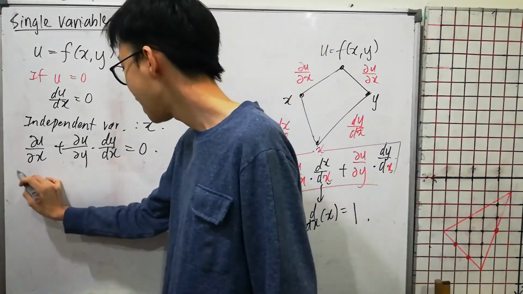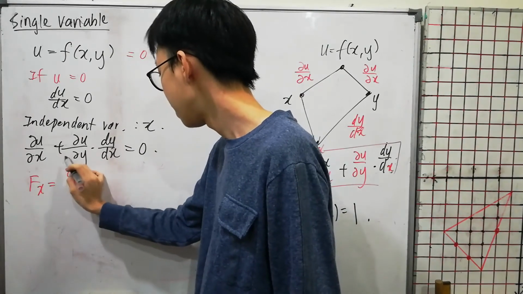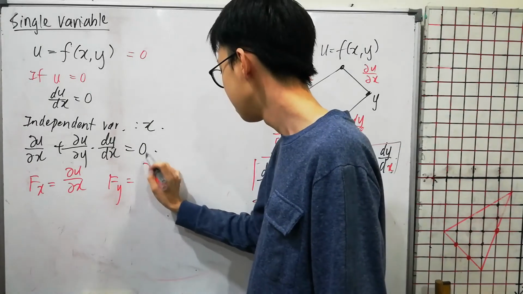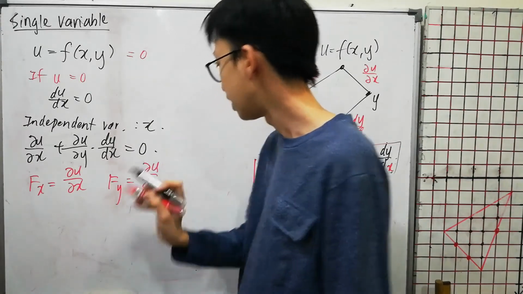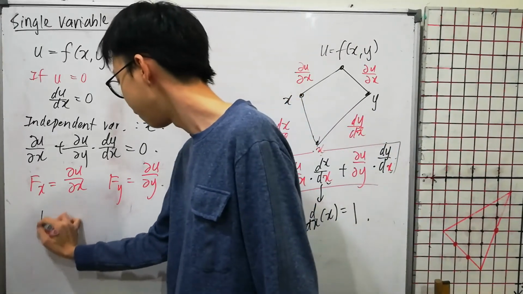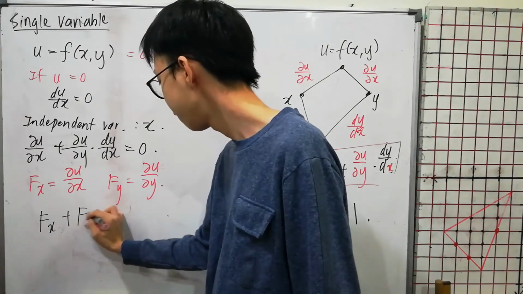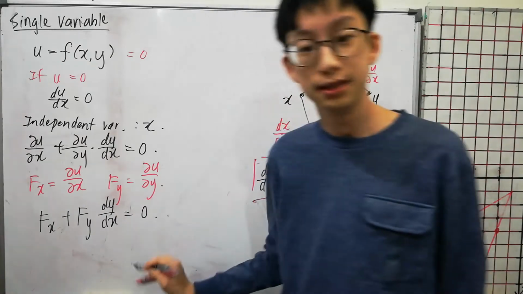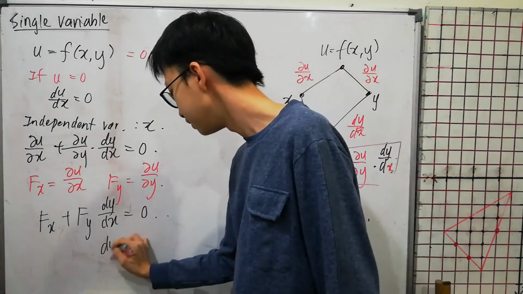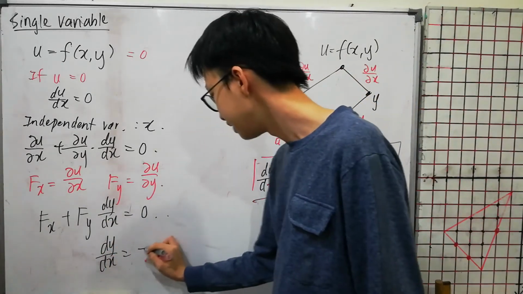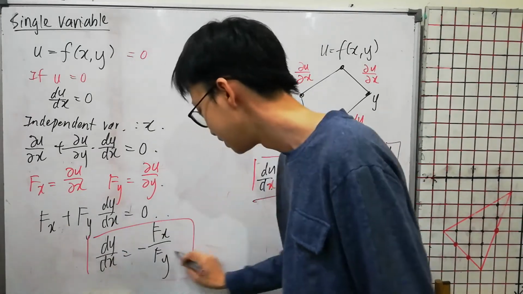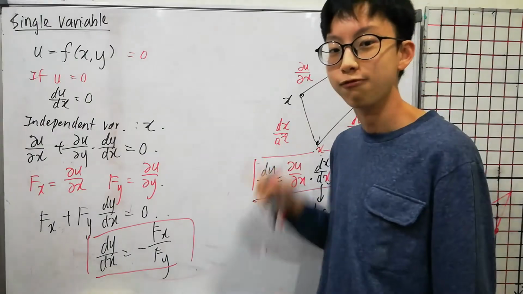So I will use fx to represent partial u partial x, and fy to represent partial u partial y. So we have fx plus fy dy dx equals 0. Rearrange it, we have dy dx equals negative fx over fy, and this is what we want.